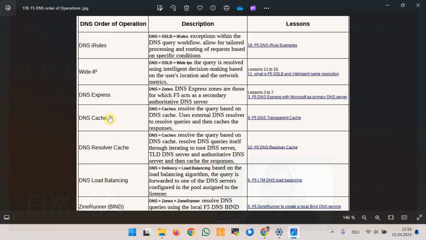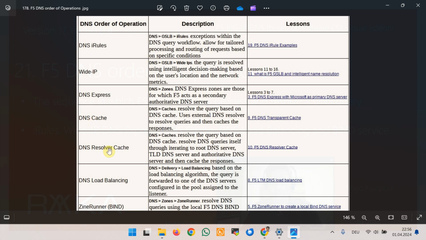There are two different types of cache: DNS transparent cache and DNS resolver cache. DNS transparent cache uses external DNS resolver to resolve the queries and then caches the responses. When a subsequent query for the same resources is received, the system can immediately return the response from the cache.